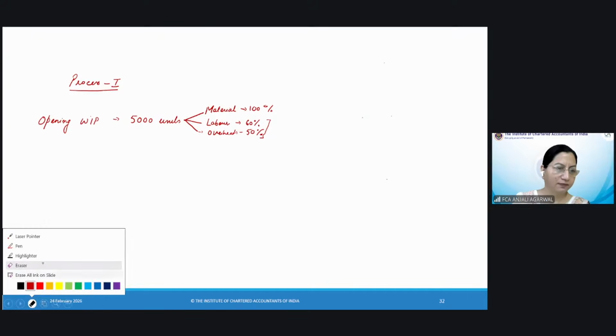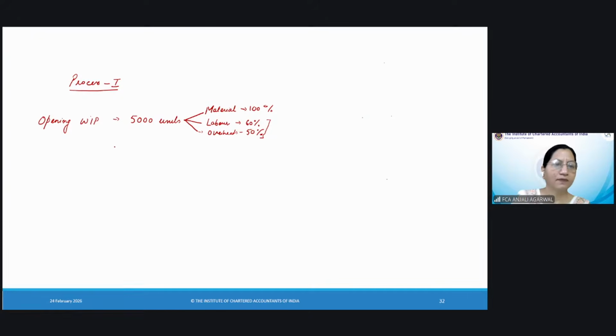Then you further introduce another 50,000 units of raw material on which you have to work. So your input units are complete. How many units of input units are there?